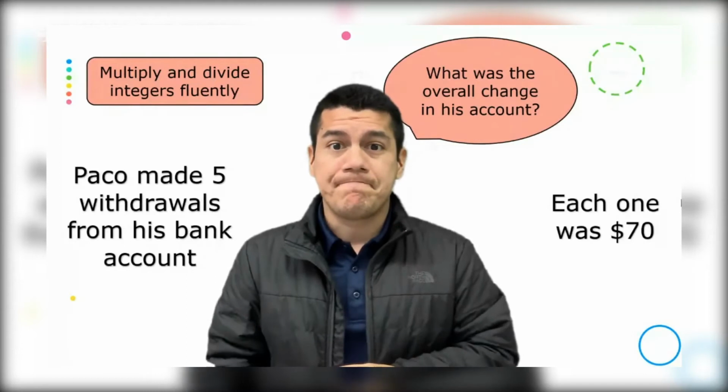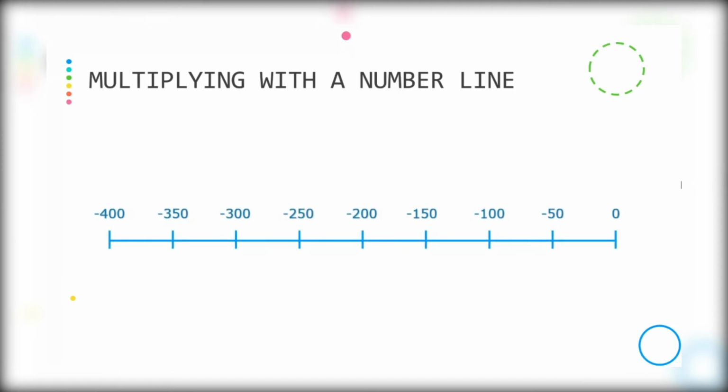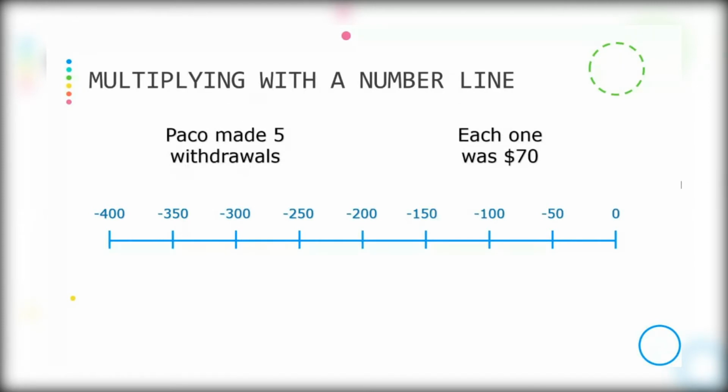Let's get to work. So we're going to multiply with a number line. We're going to start by drawing a number line with negative numbers. And we know that Paco made 5 withdrawals and each one was $70. So I'm going to start my movement at 0. Then the first movement is going to get negative $70. If he withdraws another time, then the total will be negative 140.